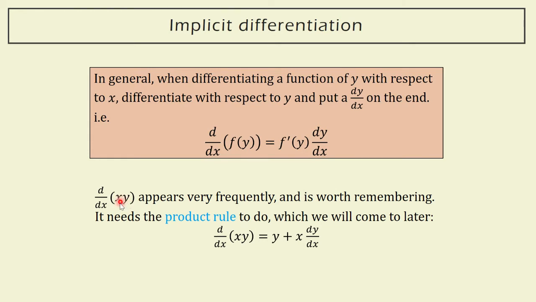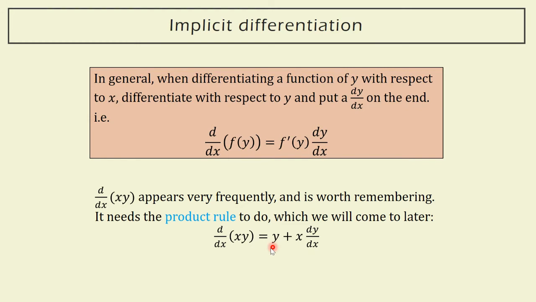So when you differentiate a product like that, it needs a product rule. Now, we'll come to the product rule a little bit later on, but this particular result that comes from the product rule is quite useful to know. If you're differentiating the product of x and y, we first differentiate x, gives us 1, and leave the y alone. And then we add to that, leaving the x alone and differentiating the y.